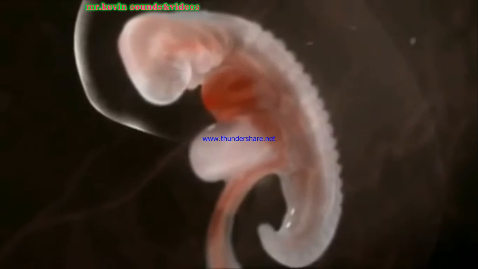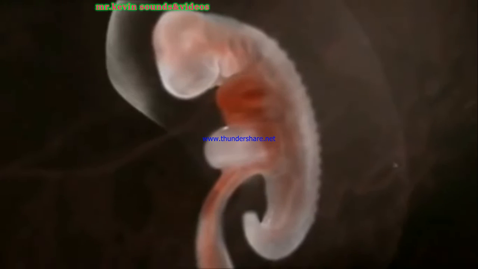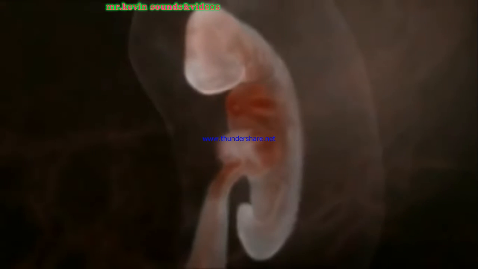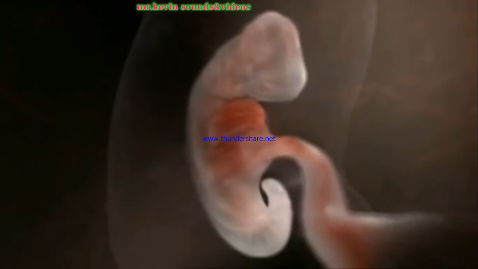The fetus or the embryo is enclosed within a sac called the amnion, with fluid contained within the amniotic sac.